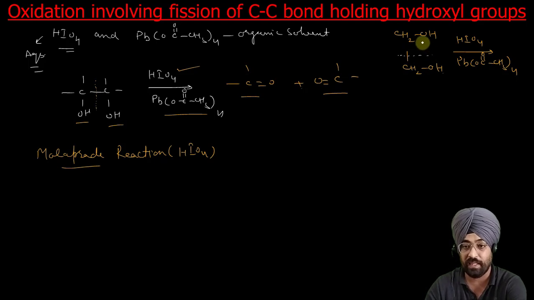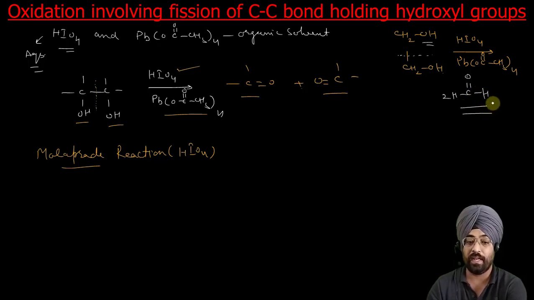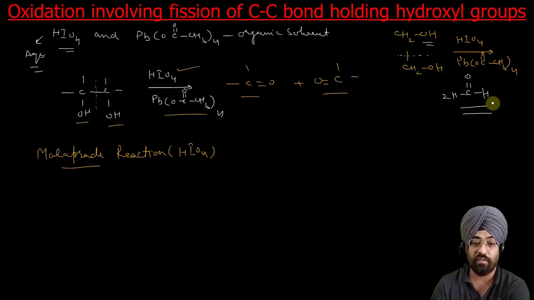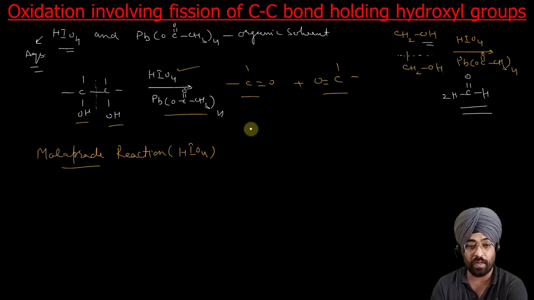This bond will cleave and oxidation will take place. So we will get two HC=OH aldehyde, that is formaldehyde. With HIO4, we can write CH2OH-CH2OH plus HIO4.